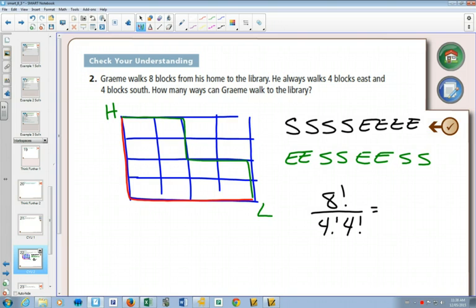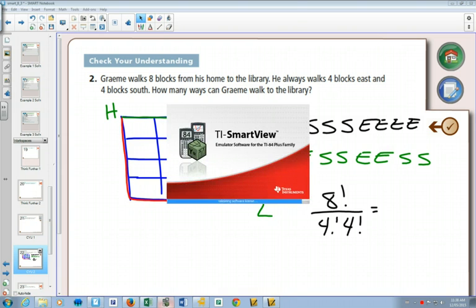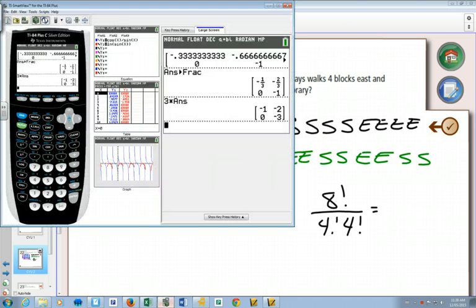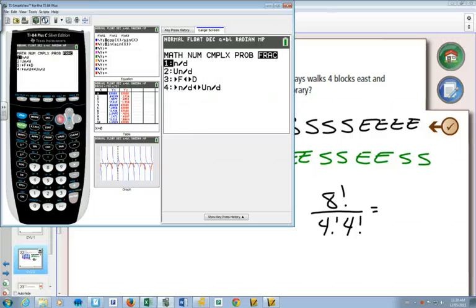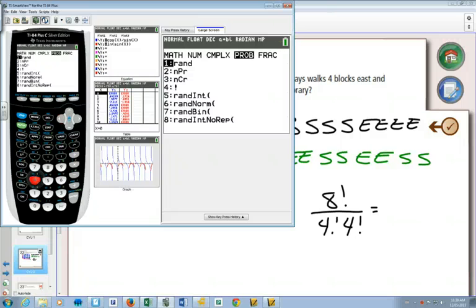Someone have a calculator handy? Type that in. So how would you type that in? I would make a fraction, because I have 2 things on the bottom, otherwise I'd need brackets on the bottom. 8, hit the math button, over to probability, and the 4th one has the exclamation mark.